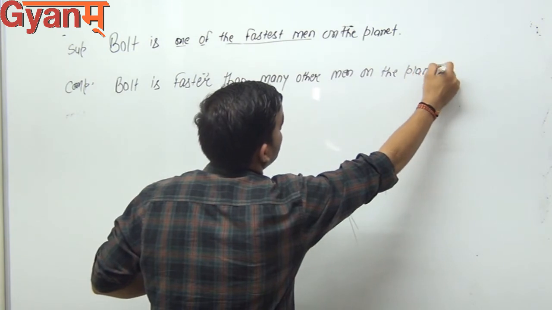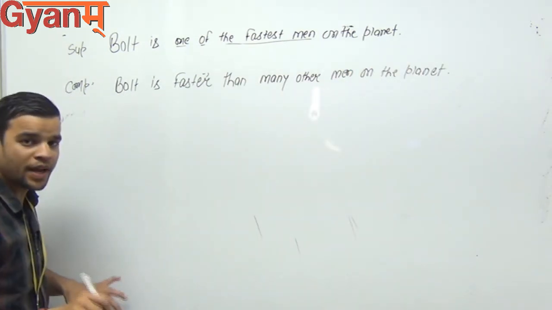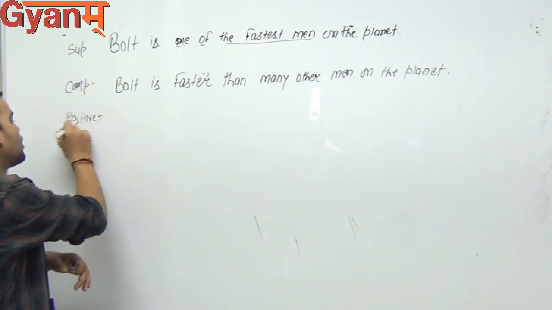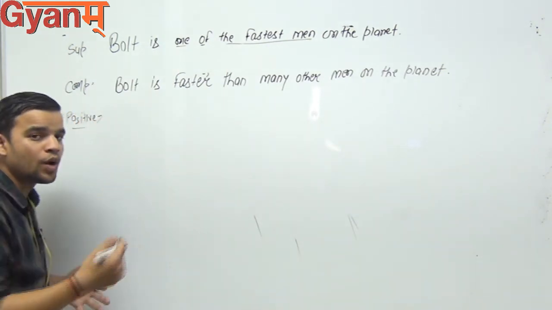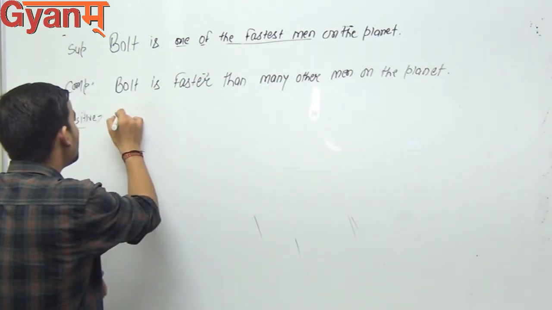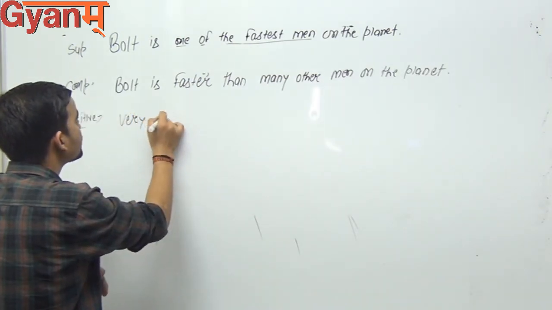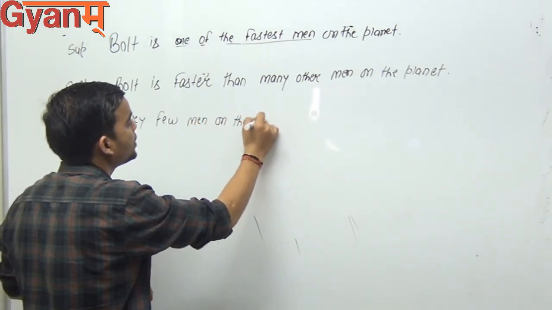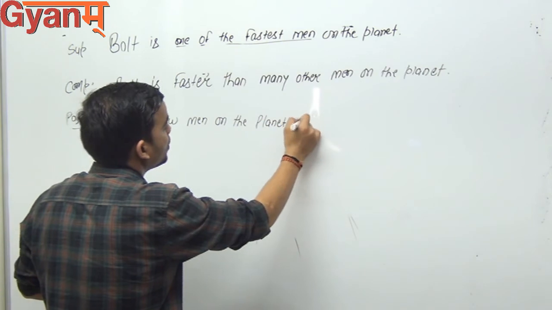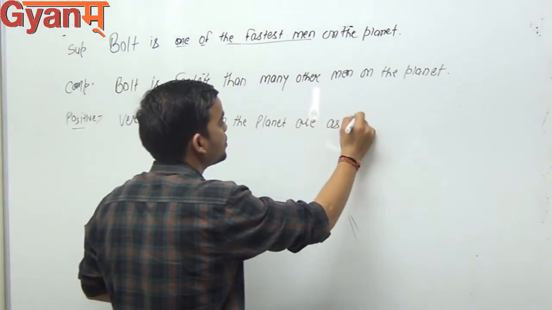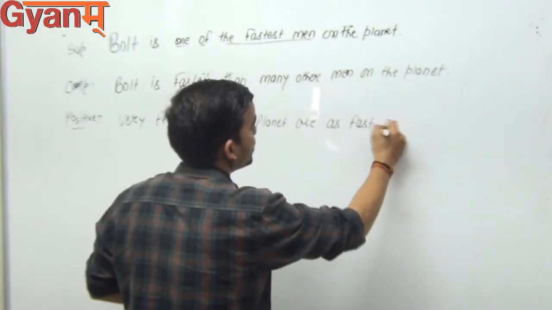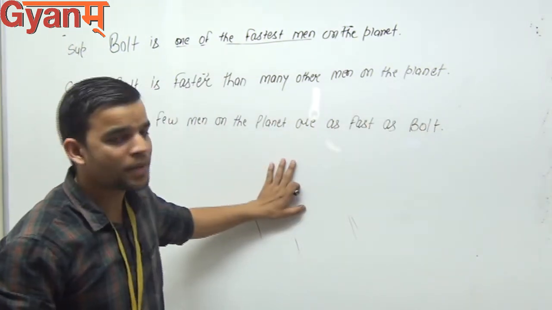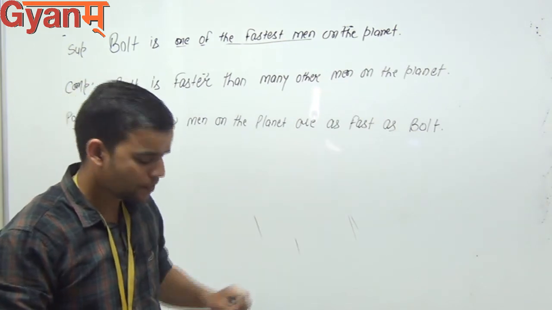And while writing positive, in type 1 we wrote no other. Here we would write very few men on the planet are as fast as Bolt.